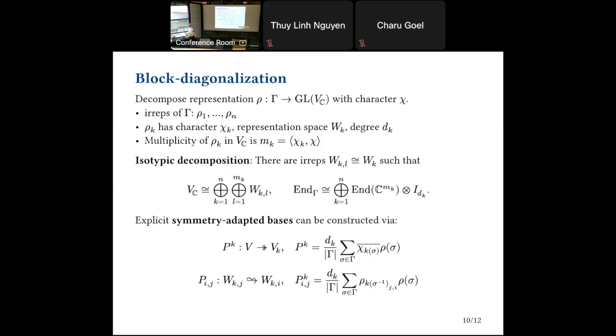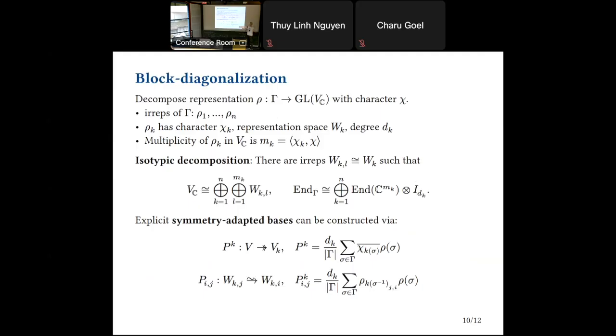And then there's this nice unique form of Maschke's theorem, where you can decompose your finite dimensional representation into a direct sum of isotypic components. So they are indexed by the irrep. Each isotypic component corresponds to exactly one irreducible representation.